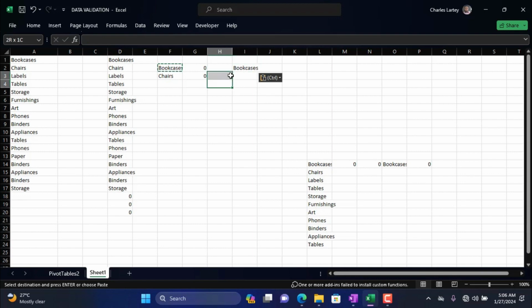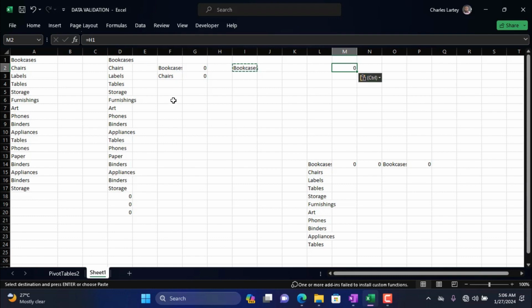So if I copy this D and I move 1, 2, 3, 4, and I paste, look at what happens. H1. So D 1, 2, 3, 4, it comes to H1. So it moves in relation to the reference.